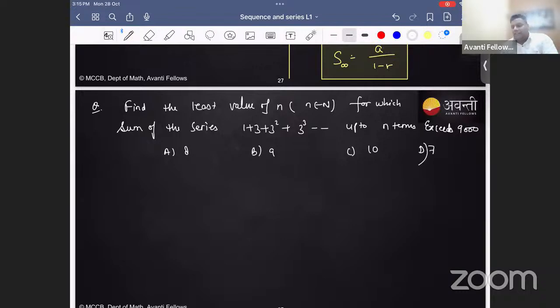Give it a try. Then we will run the poll, where you mark your answer. Least value of n for which sum of the series to n terms exceeds 9,000.